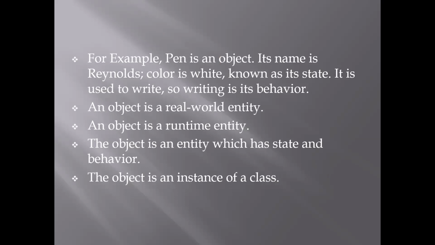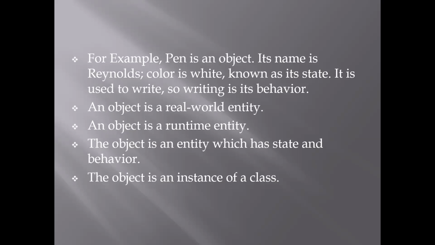For example, we have a pen. Pen is an object. It has a name like Reynolds, and the color is white. These are the state of the object, or the values of the object. What about the behavior or the functionality? A pen can write. So write here is the functionality or the behavior of the pen object.